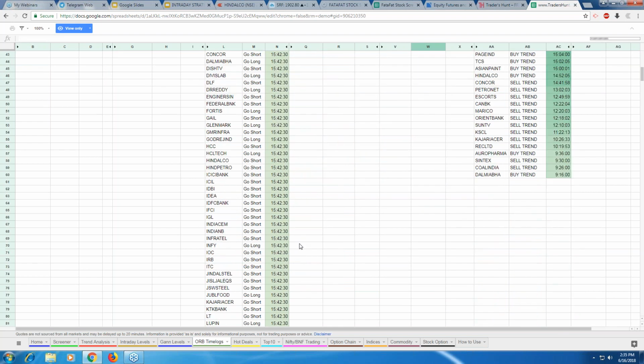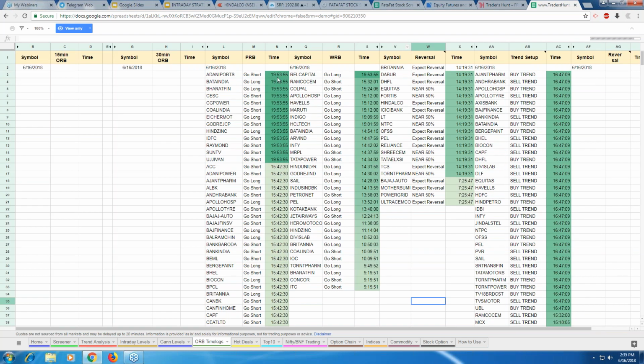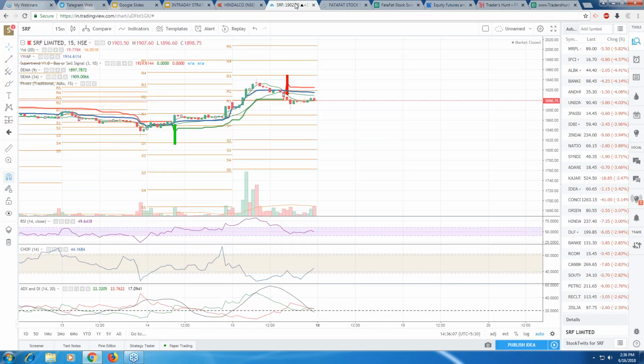There is nothing happening today, but you have to look for it in the live market, and you will see here when the morning range is breaking out. You can get to see the stocks here. Put it on your platform in TradingView or in Zerodha, and then see whether the RSI is below 60 or above 60, choppiness should be below 40, ADX should be strong, then go for it, right?